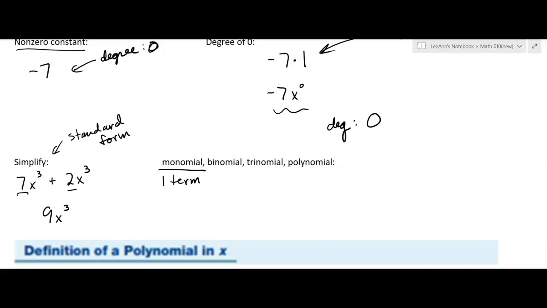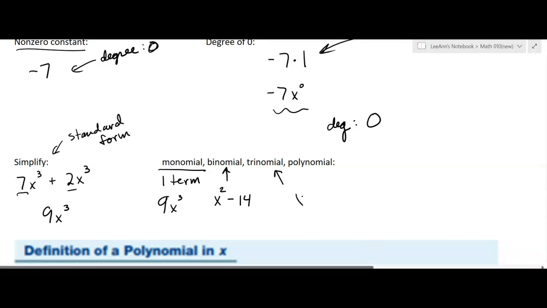Now a monomial means one term. So an example of a monomial is 9x cubed. That's just one term, and that's a monomial. A binomial has two terms. So you could have x squared minus 14. That is a binomial. A trinomial has three terms.